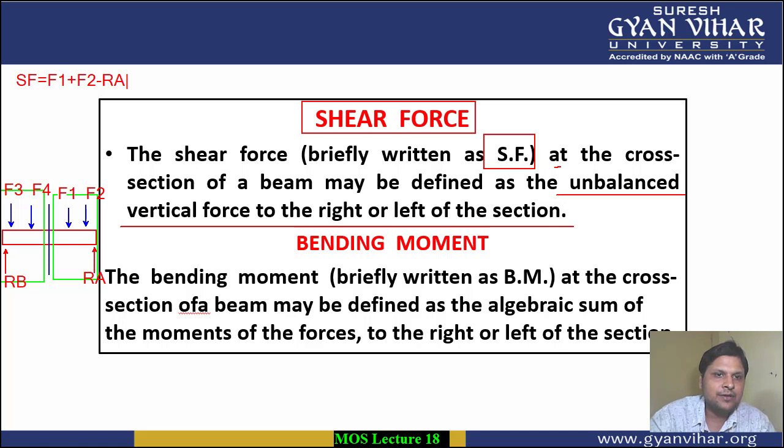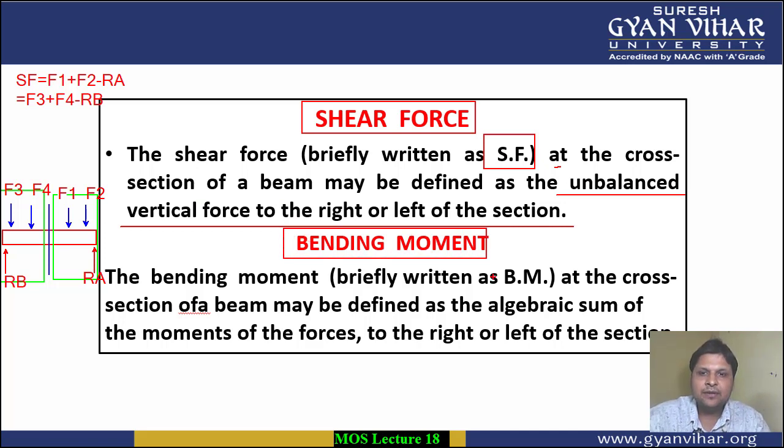Or in other words, it will be equal to F3 plus F4 minus Rb. Sign convention I will tell you, but in a broader sense you can understand what we mean by the unbalanced force to the left or right of the section. Now coming to the bending moment.